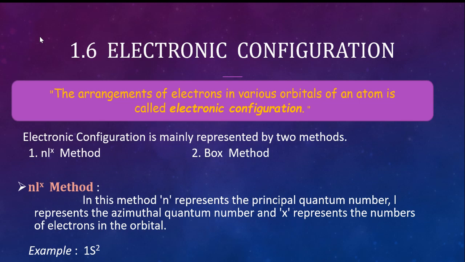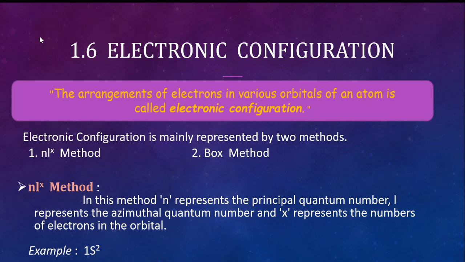The configuration is mainly expressed in two methods. First one is the NLX method and second one is the box method. Let us see what is the NLX method. In the NLX abbreviation, N stands for the principal quantum number, L stands for the azimuthal quantum number, and X is the number of the electrons present in an orbital.